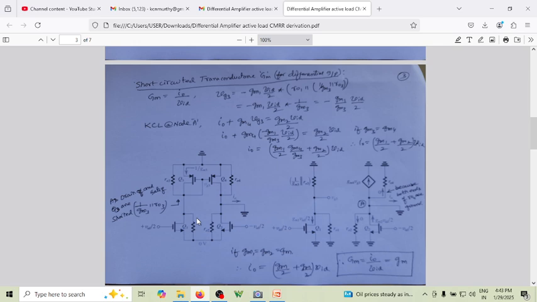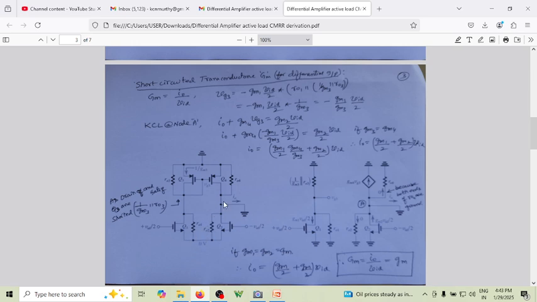You can see this is AC grounded, this is virtual ground. I applied plus VID by 2, this is minus VID by 2, and the output is grounded because you're supposed to find capital GM, which is nothing but I naught by VID. This is I naught, the current going out here. VID is the input voltage that you applied.